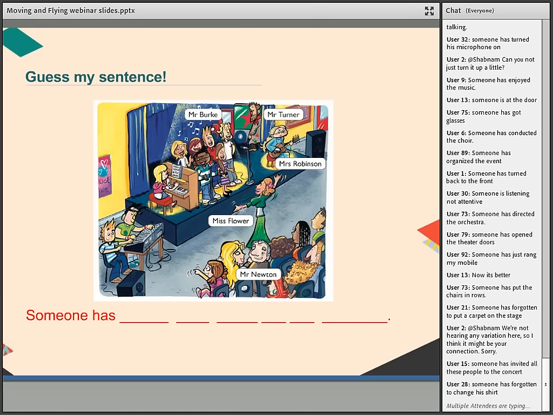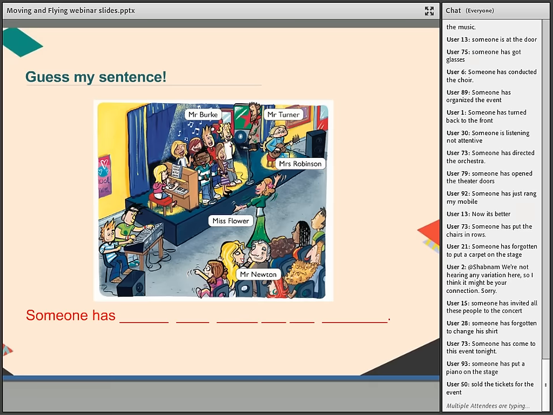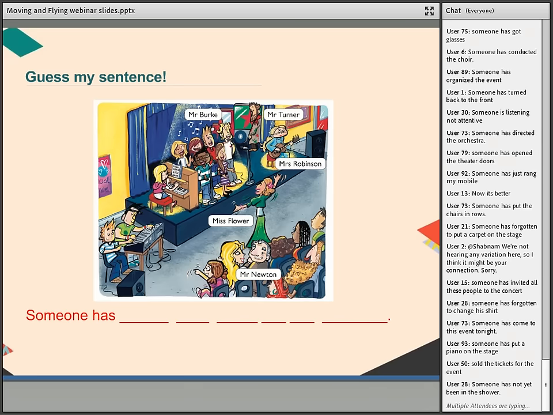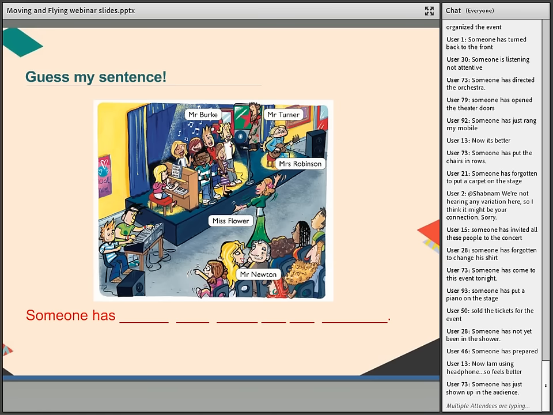Can anybody guess my sentence? Okay, I've just put in the next word, which is prepared.